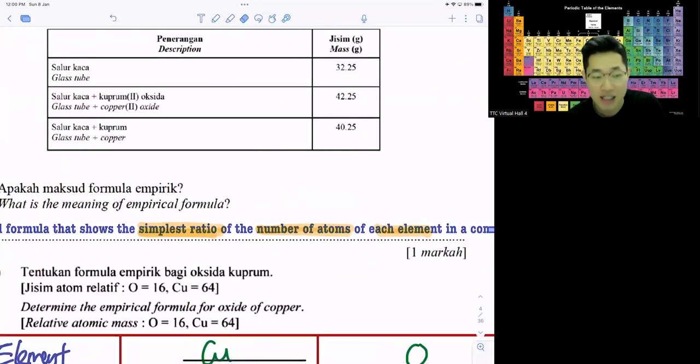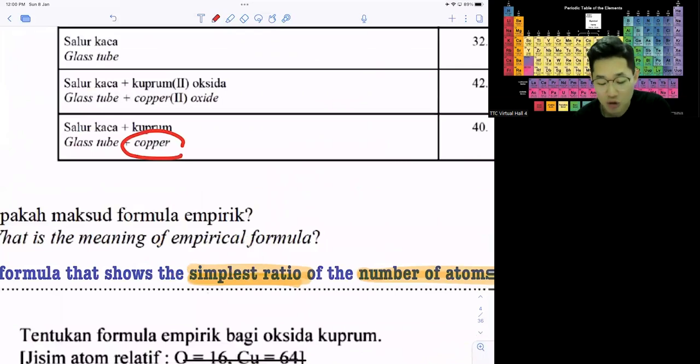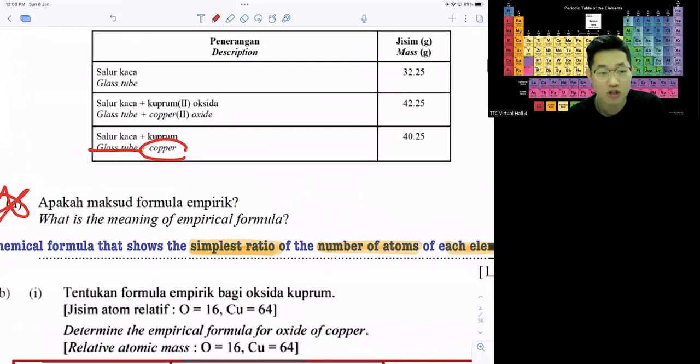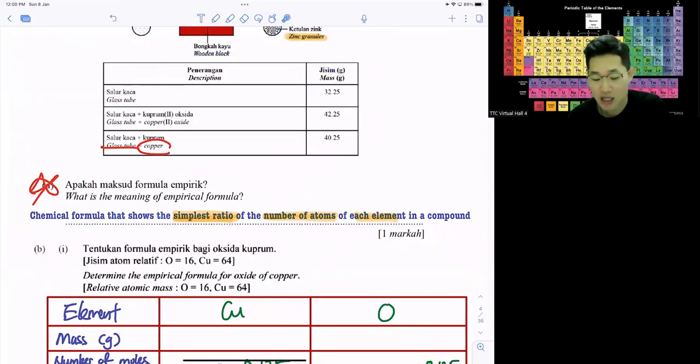它有给你这个表很简单的，你看啊，you want copper 嘛，right? You want copper, so if you just want the copper, you would minus off the mass of the glass tube. So 你就看咯，这个表里面哪里一个是 the mass of glass tube? Okay, so this one is the mass of glass tube, right? We don't want this, we want to minus it off.